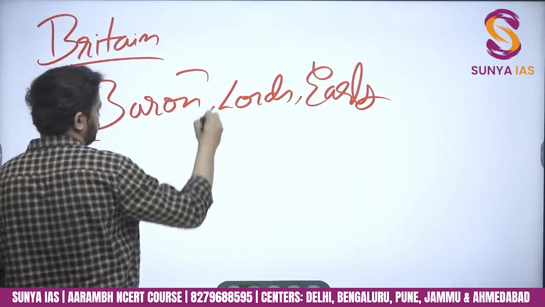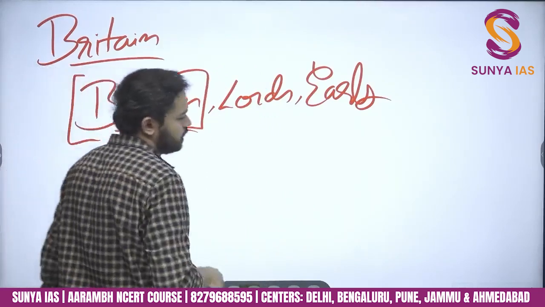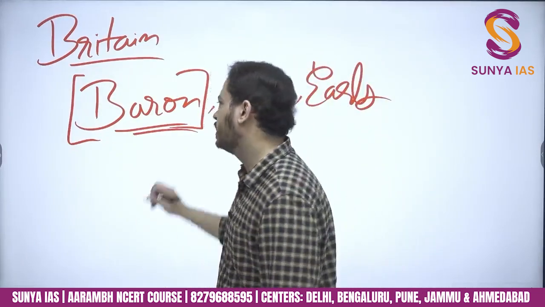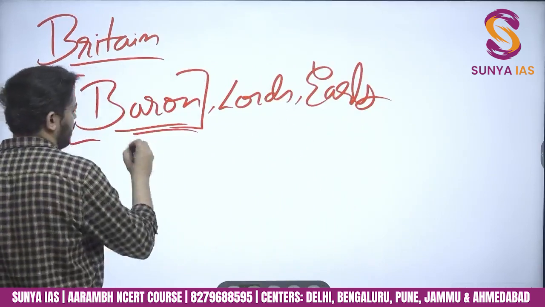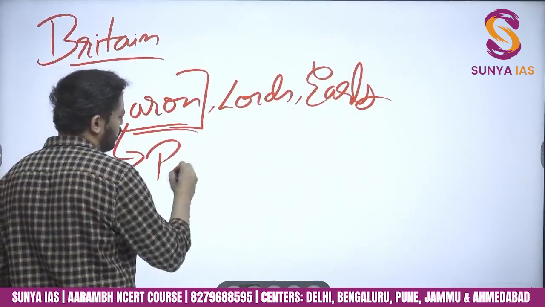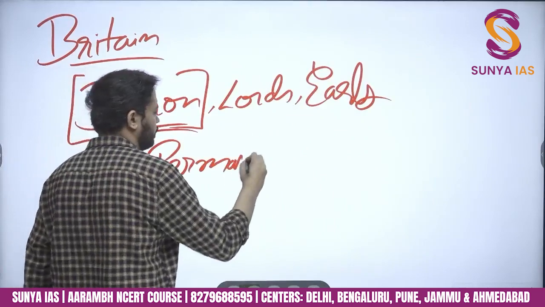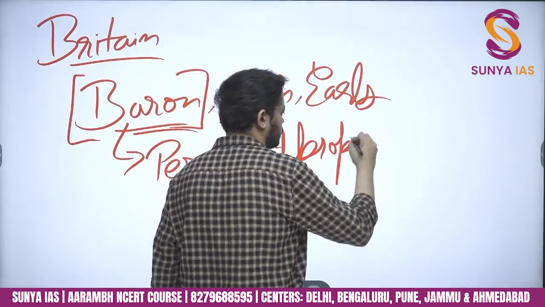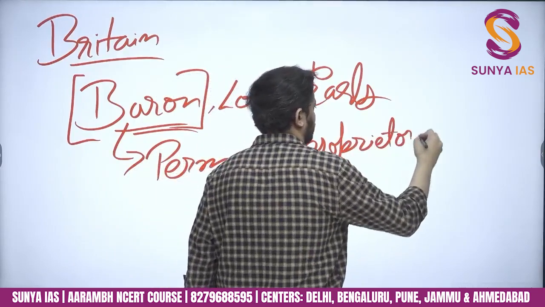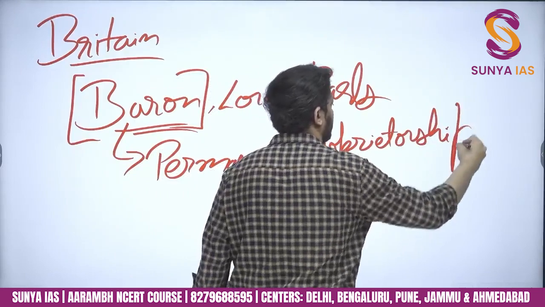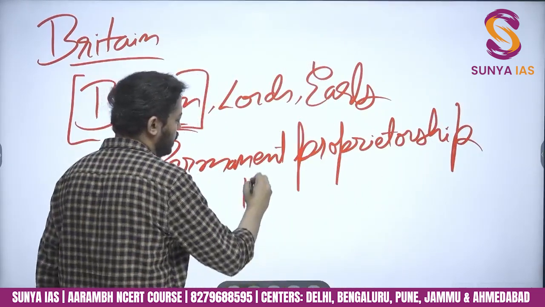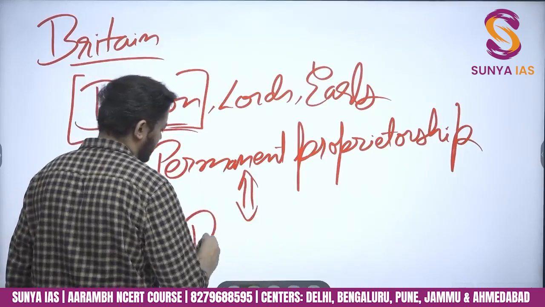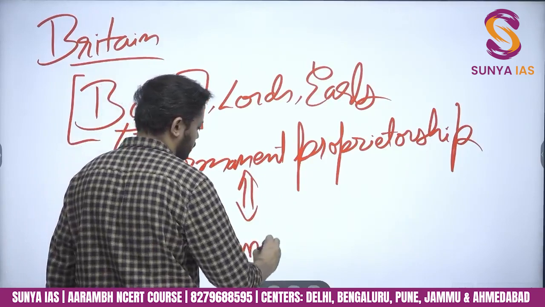And since this was in the hands of barons, they thought that something very similar can be used in India. So barons had the permanent proprietorship in Britain, not in India. They thought that something on an equivalent line can be developed in India also, and therefore they came up with the idea of permanent settlements in India.